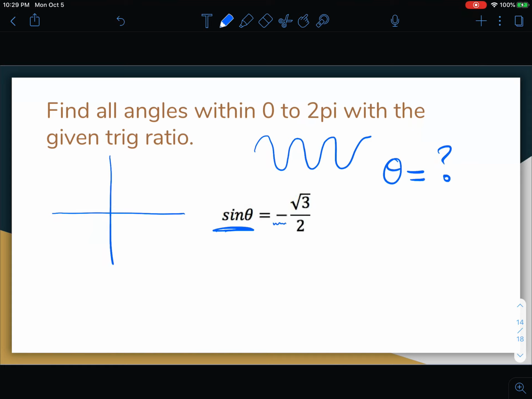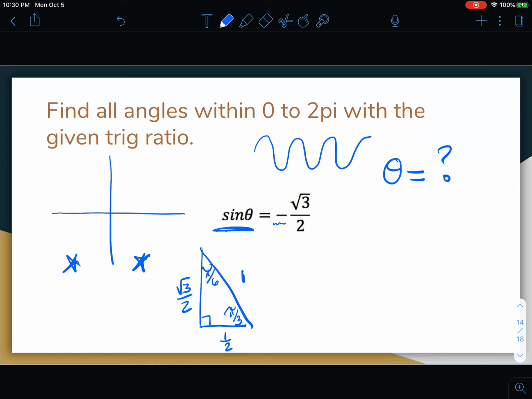Okay, so if sine is negative, that means we're looking down here, in quadrant 3 or quadrant 4. And radical 3/2, doesn't that look like one of our special right triangles? Pi/6, pi/3, and so this is our 1/2, our 1, and our radical 3/2.